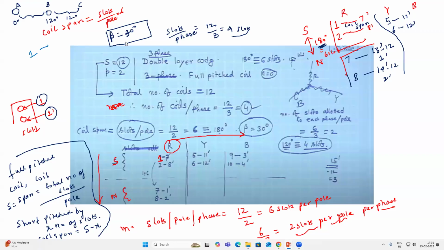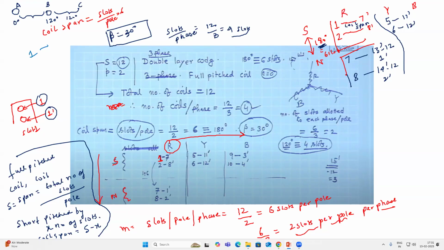Yes, that is what I was saying. It accounts for 120 degree. Yes, it will change depending on the number of slots.